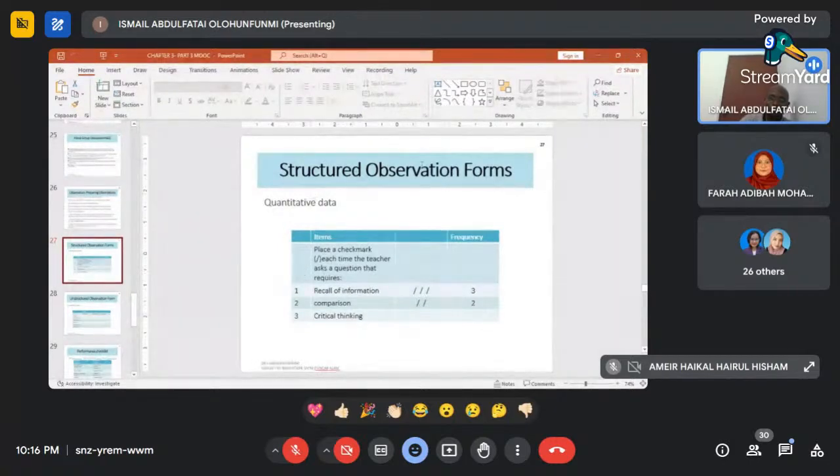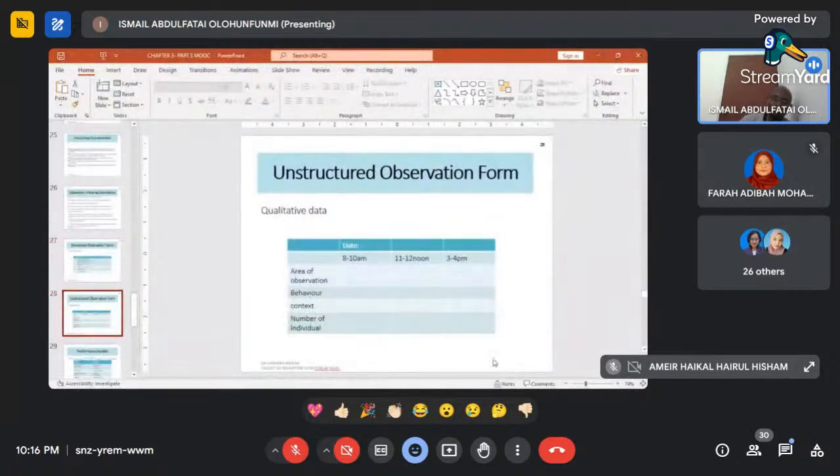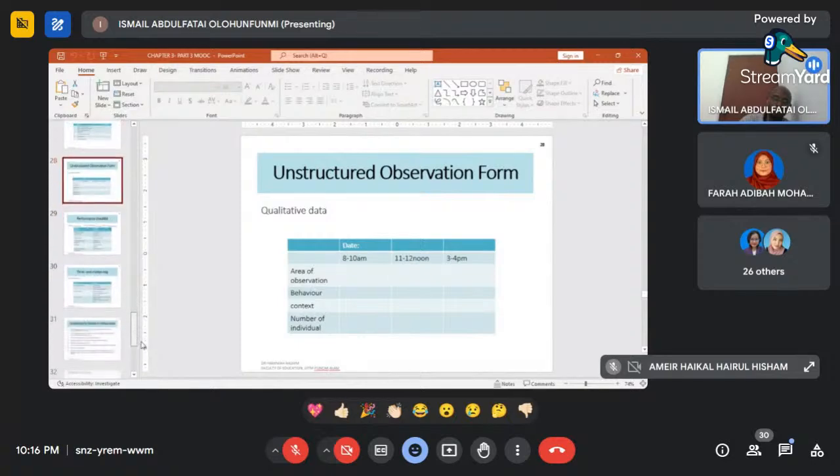So you use a structured observational form, or you want to look at a pattern. Then you have unstructured, which is a qualitative form. Just have the time and area of observation, behavior, context, and number of individuals.